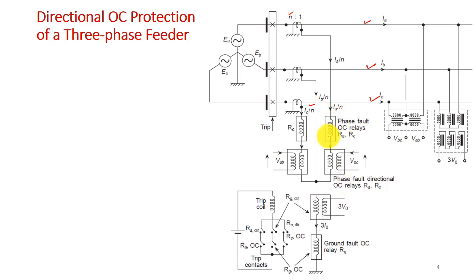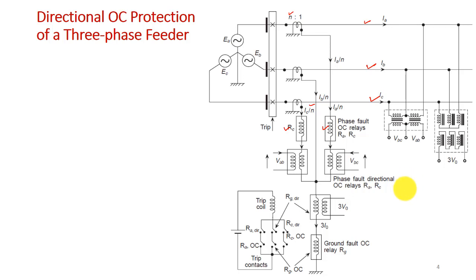Now let us see how it will excite. For phase faults, overcurrent relays RA and RC will excite. So RA is this and RC is this. Both will excite for the different phase faults. Already we have seen that phase faults are the faults which involve any two phases.